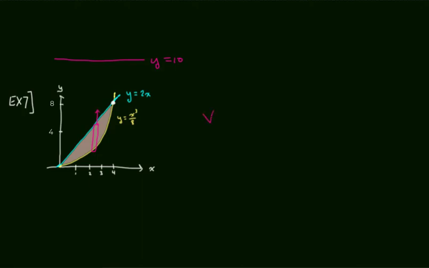And so the volume of the resulting solid will be pi times the integral from, in this case, 0 to 4, my outer radius, 10 minus x cubed over 8, radius squared, minus the inner radius of 10 minus 2x, quantity squared, thickness dx.